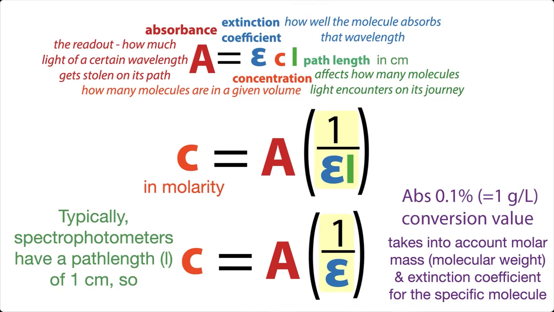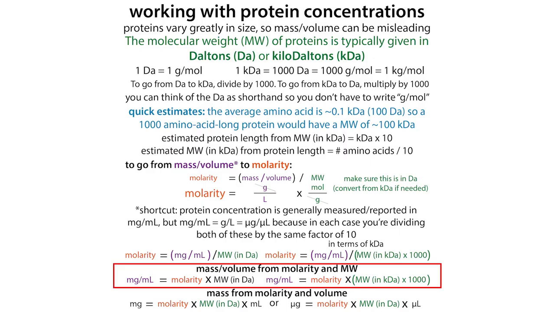But often in the lab, what you're going to want is mgs per mil, which is the same as grams per liter. In order to actually get the mgs per mil or grams per liter from that concentration in molarity, you're going to need to know the molar mass, the molecular weight, and that will then allow you to do the conversion.